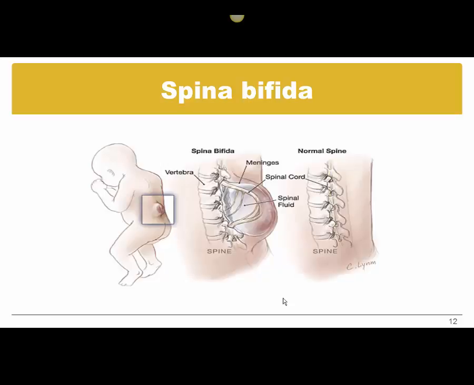That's the tissue covering the spinal cord. So in spina bifida, what happens is that it doesn't close. So there is extra spinal fluid coming out of the backbone, and that is associated with developmental delays.